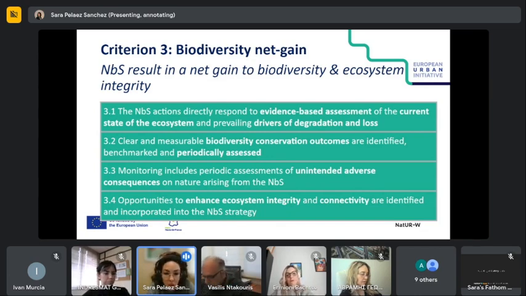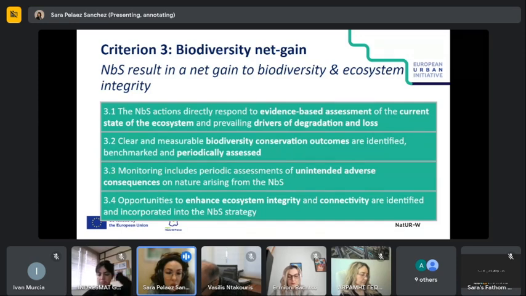That information is in most cases available in national reports or even in other scientific literature. Then you need to establish biodiversity conservation outcomes that you can measure after the intervention and periodically during the intervention.